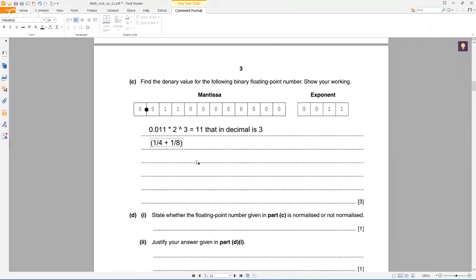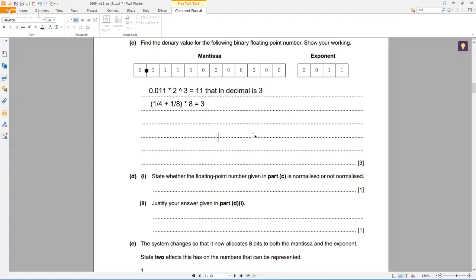So you immediately convert the mantissa to a decimal number, and then you do the same approach, multiply by 8. Then you get pretty much the same value. These are 2 different approaches, right? Either the first one or the second one, they both are good to get the full marks. I tend to prefer the first one, but it depends on your preferences.